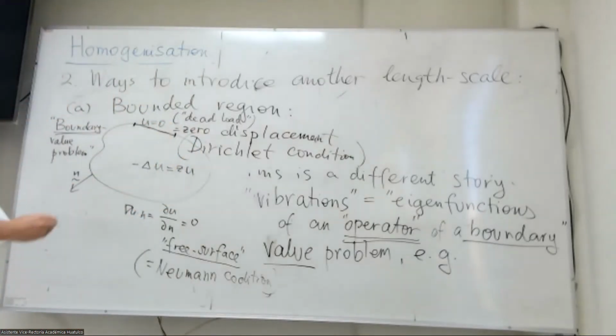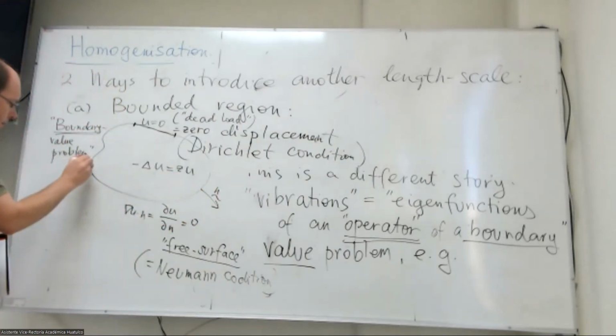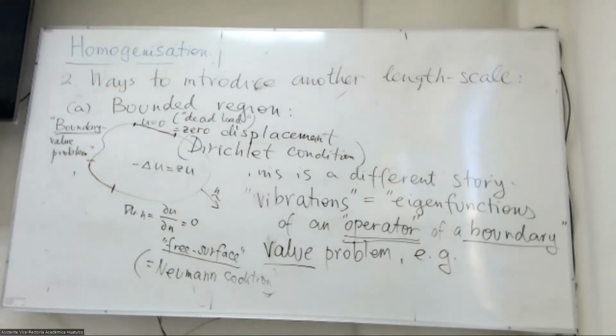And then there is also another type of condition that I can set on some part of this boundary, which turns into either one or the other. It's actually the most general type, if you like. It's the so-called Robin condition.